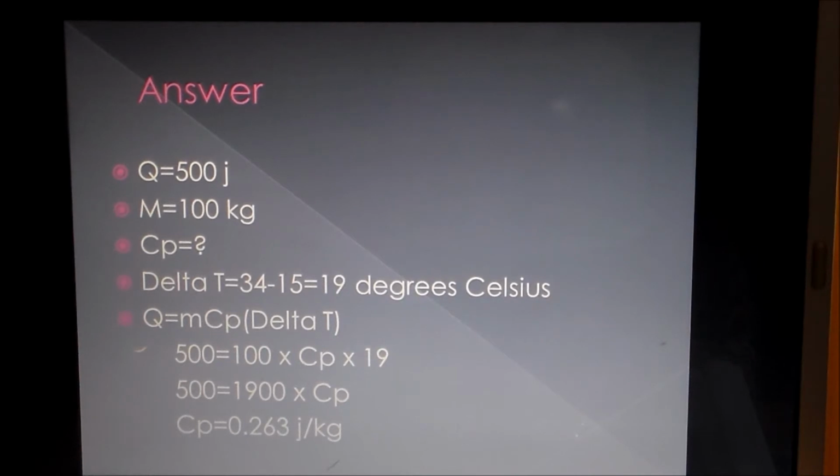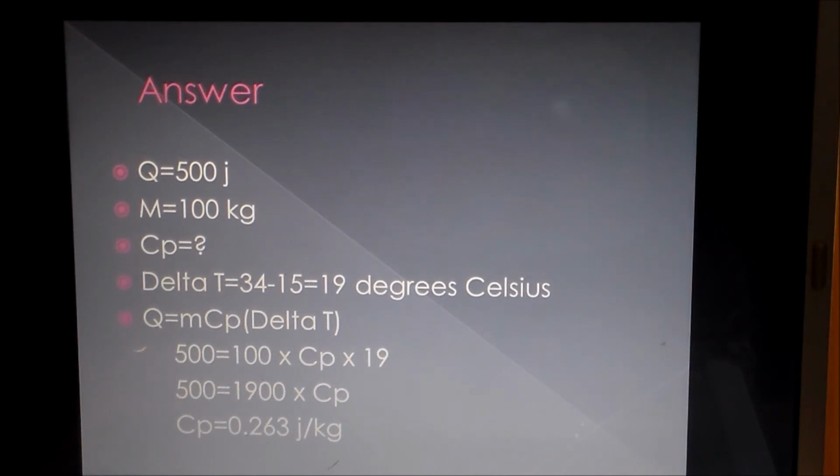The answer? First off, energy equals 500 joules, mass equals 100 kilograms, and we're trying to solve for specific heat. Our delta T, or change of temperature, equals 34 minus 15, which equals 19 degrees Celsius.